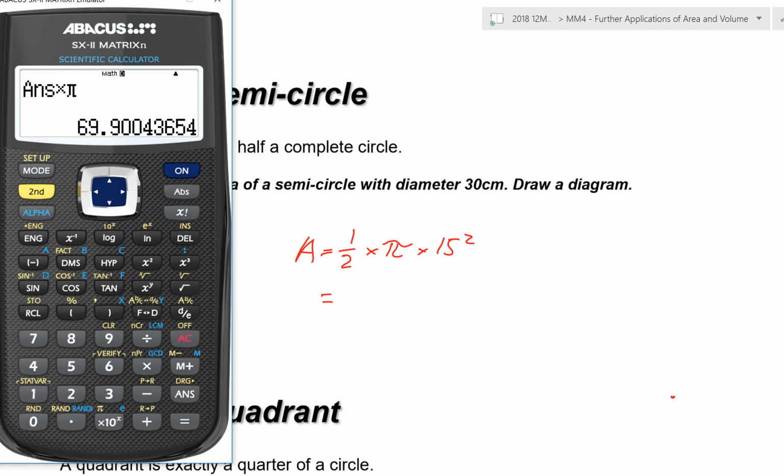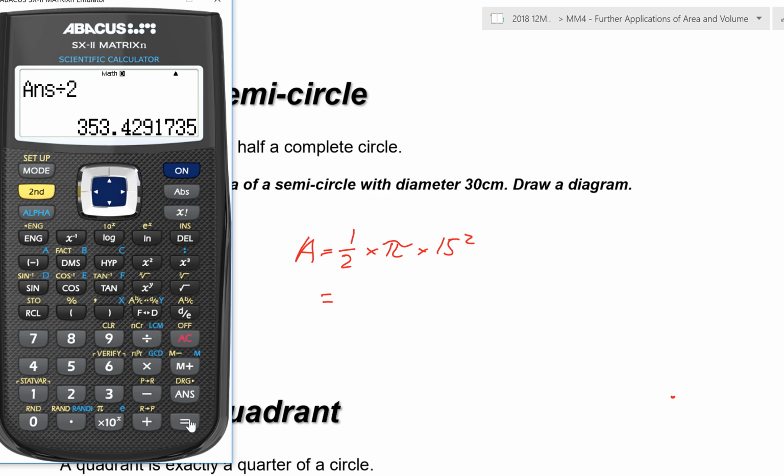Trusty calculator. Okay, all clear. Now I prefer to do this in a different order. In fact, 15 squared, I'd do that first, equals, multiply that by pi. It doesn't take time to press the equals button, and it reassures me a bit about my order of operations. Now I could multiply it by half, I could use the fraction, but that would be a whole lot of hassle. Multiplying by half is like dividing by 2. So there we go.